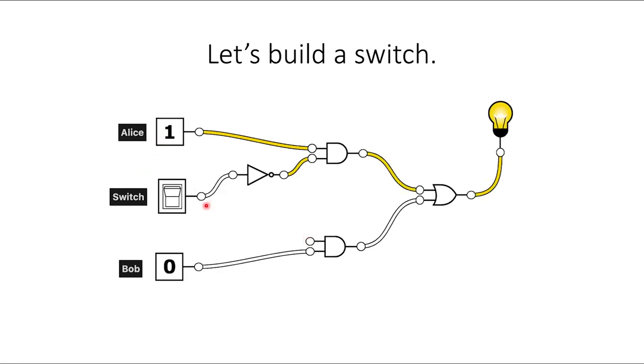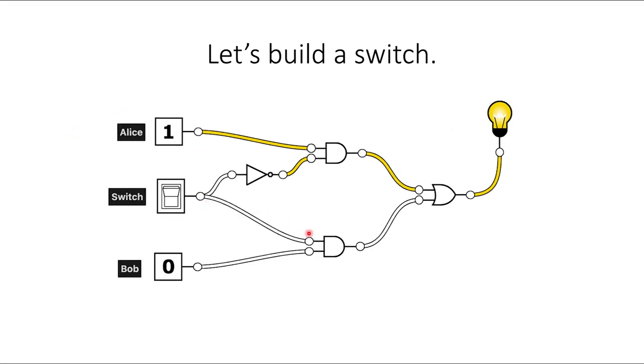So in Alice's gate, what I can do is I can take this signal coming out of the switch and put it through a NOT gate, and then I can put it into here, right? So what's happening? Well, the switch is 0, which means that I'm now listening to whatever Alice is saying. And that's what is happening here because there's a 1 going into this AND gate. And if you look at the result of this circuit, the light bulb turns on, which means that we've read a 1.